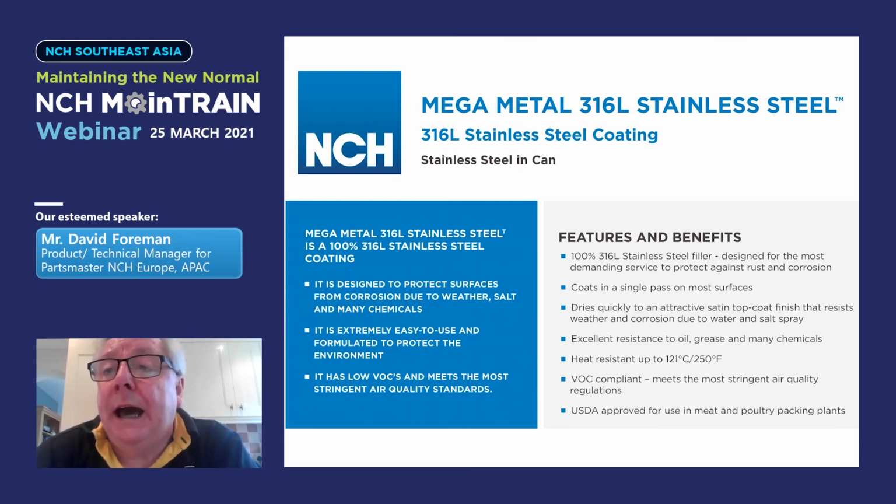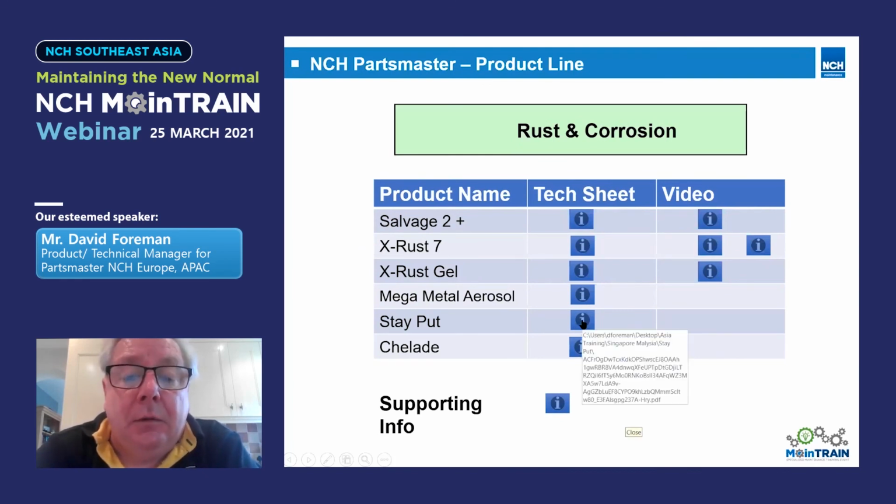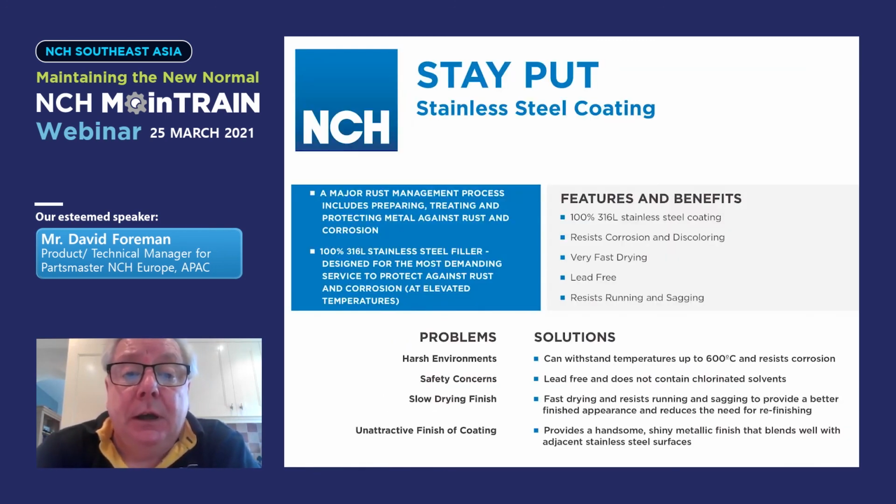So we had several requests for a product like Megametals Aerosol, but that would resist a higher temperature. And that is why we came up with Stay Put. Stay Put can be used in many of the same applications as Megametals Aerosol, but the main difference is that Stay Put has a temperature resistance of 600 degrees centigrade.